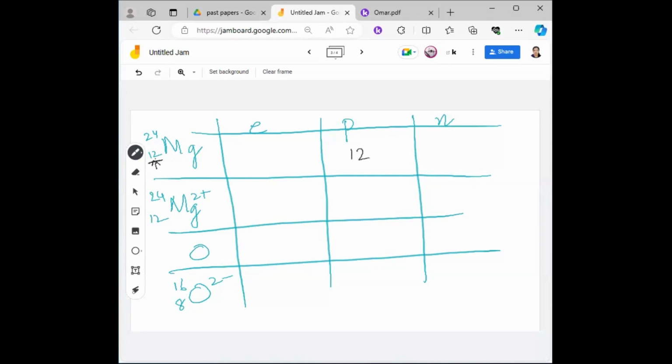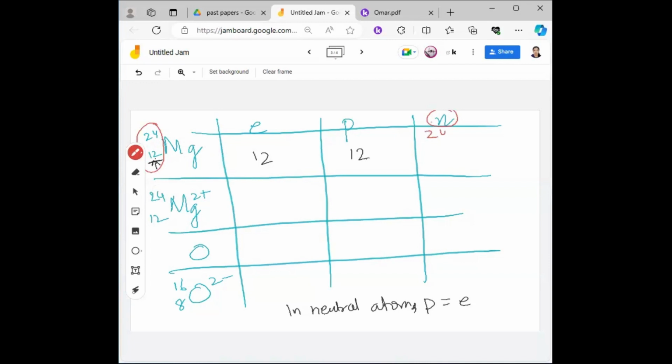And in a neutral atom, number of protons is equal to number of electrons. So if protons are 12, then 12 would be electrons.